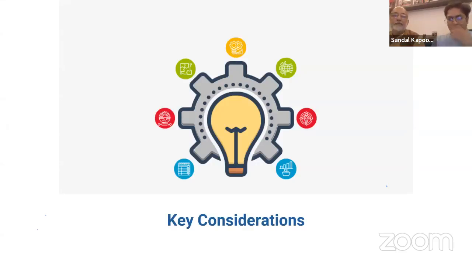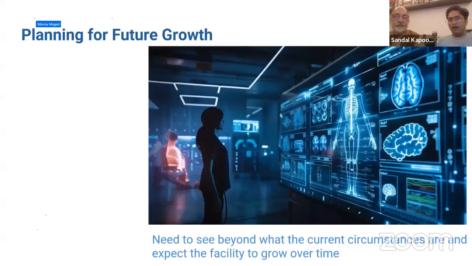To start with, we have to plan for the future. We need to see beyond what the current circumstances are and expect the facility to grow over time. So whenever we are planning, or even doing the equipment scheduling itself, we need to talk to all the stakeholders, the concerned departments, and work out a plan wherein we keep in mind the future need of that particular department.